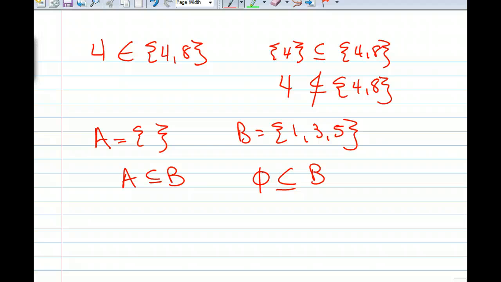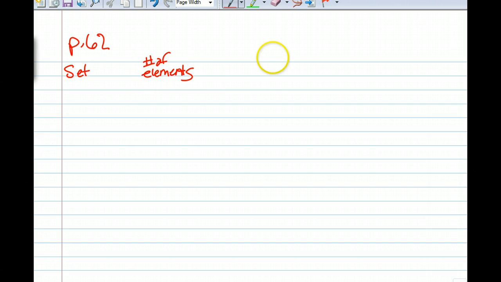Go on. So in this next part, I'm going to write on here. You don't need to write this down because it is in your book on page 62. It's a chart that I'm going to write out. And let's see if you guys see the pattern. If we have a set and the number of elements, for the heading for the chart: list of subsets, and number of subsets.